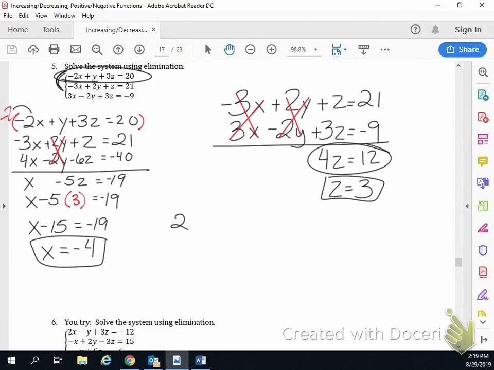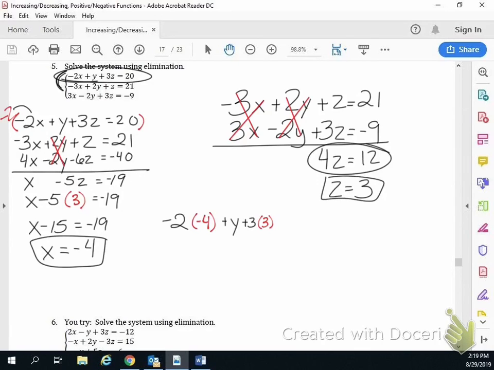So I'm going to have 2. We found that x was negative 4. It is negative 2, negative 2. X is negative 4. We have not found y yet. That's what we're looking for. Plus 3. We said that z was also 3.